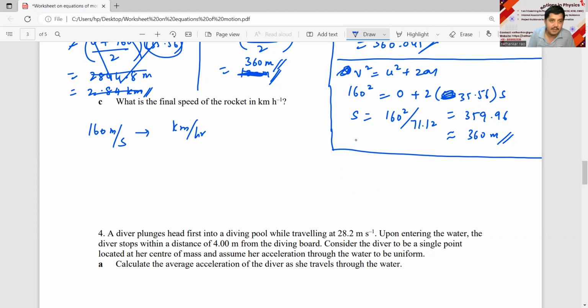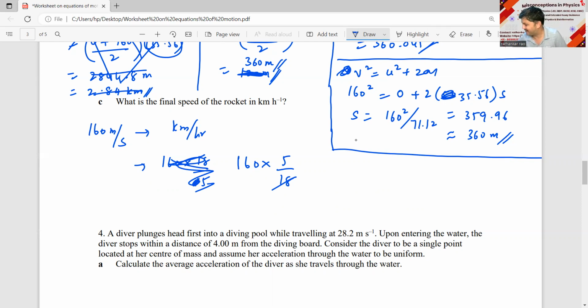We already did a similar problem earlier. We just multiply this by 18 by 5. Not 18 by 5, sorry, 5 by 18. 160 multiplied by 5 by 18. What will I get? How do I do this?